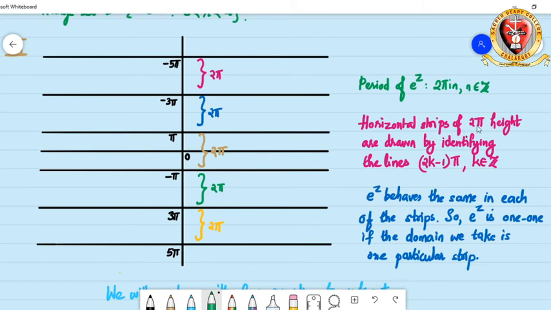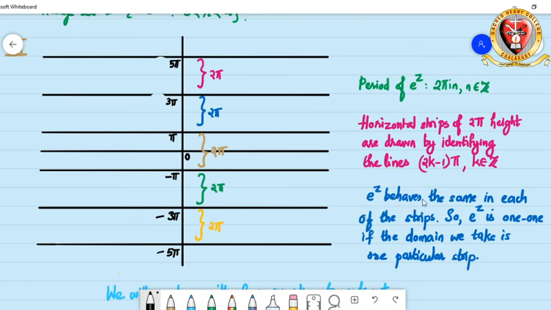We said that horizontal strips of 2 pi height are drawn by drawing the lines 2k minus 1 into pi, where k belongs to Z, and when k is varying in Z, we get the lines pi, minus pi, 3 pi, minus 3 pi, 5 pi, minus 5 pi, and so on, when we give values for k from the set of integers.